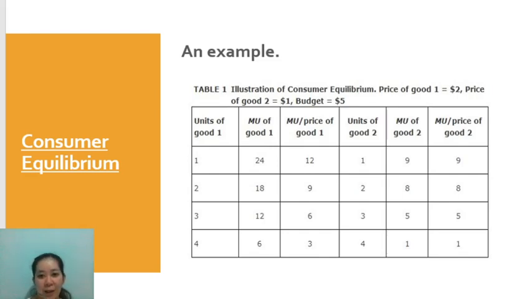So for example, in the first column we have the units of good number 1. Here that is 1, 2, 3, and 4 units. So depending on the level of units of consumption or purchase, there is the marginal utility of that number of units in that particular good.